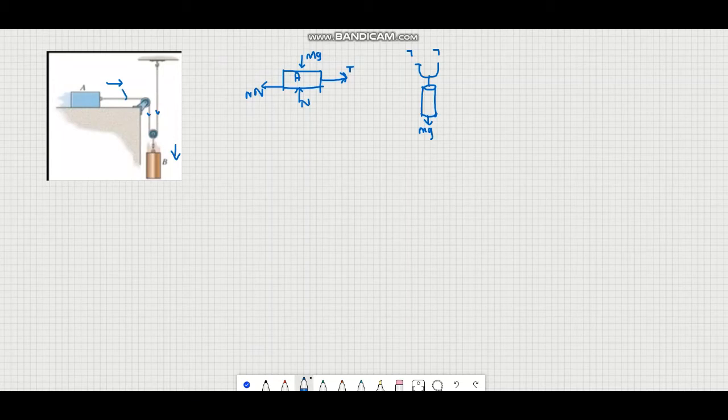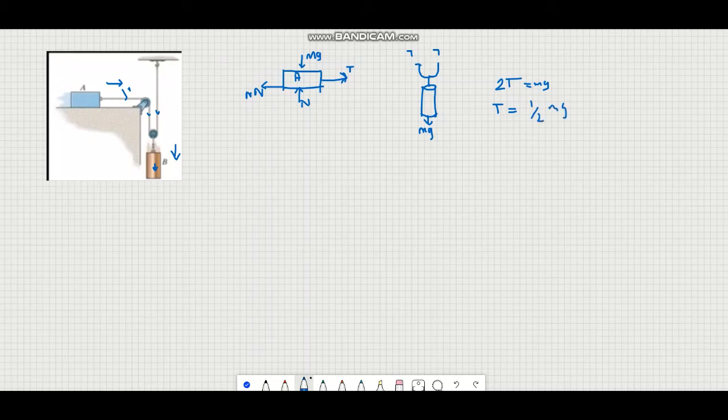So there are two T's carrying this block B, and that's why we need to draw this T. So 2T is basically mg, which means T is equal to one half mg.